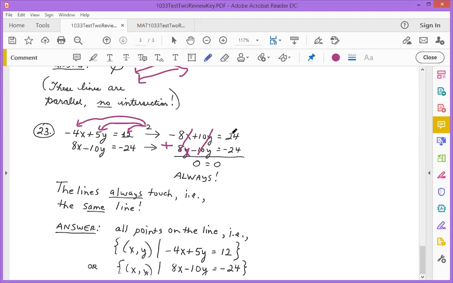Over here, negative 24 minus 24, that gives us 0. What we see is the left and the right sides are equivalent. So it means it doesn't matter what we substitute for x and y. What's left is going to be equivalent. Therefore, we have an infinite number of solutions here. Any number we substitute would be a solution to this system.